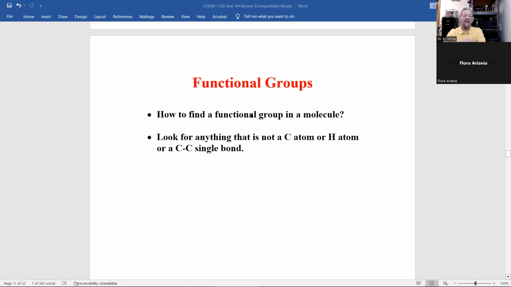Now, when we learn organic chemistry, the important thing here is functional groups. A functional group is a group of atoms together in a molecule that gives similar functionality and properties to the molecules they're in. And how do you find a functional group?